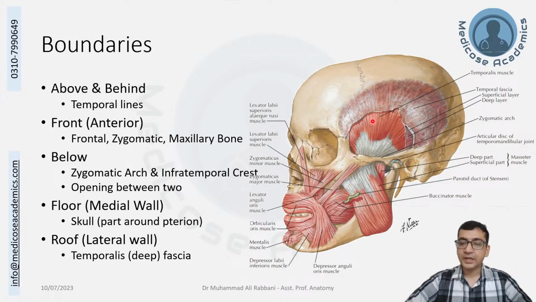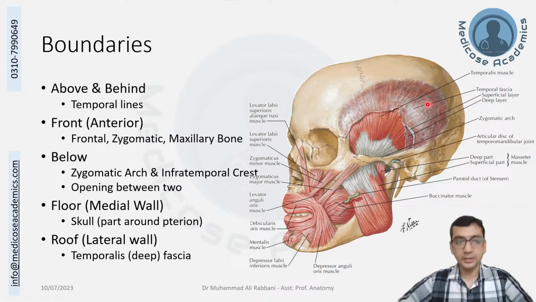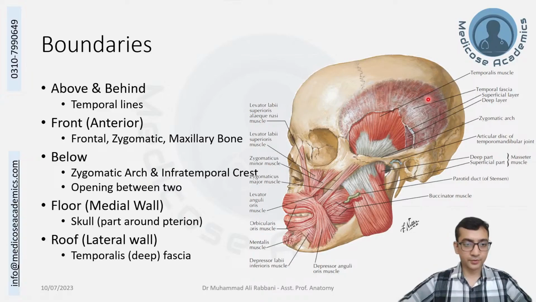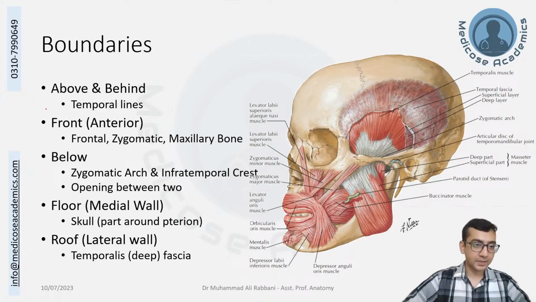So the space is closed by the fusion of the temporalis fascia into the skull. So this is the enclosing space. And of course that line of fusion is the temporal line, the superior temporal line.